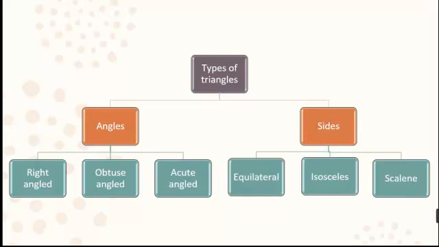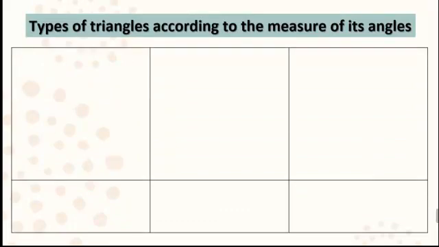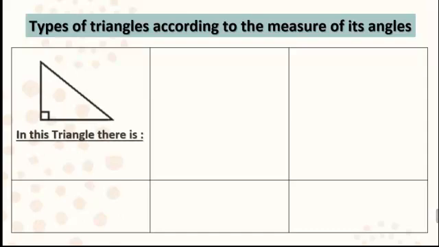Let's take the 3 types according to the angles first. The first one, if I have this triangle, it has 1 right angle and 2 acute angles. I have 3 angles, and one of them is right and the others are acute angles. I will look at the biggest one.